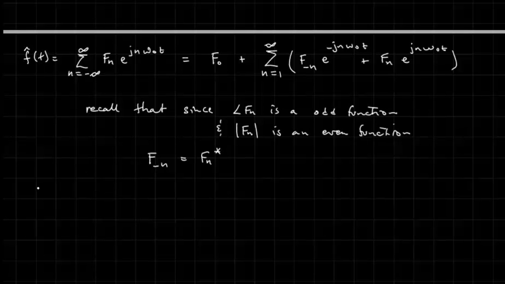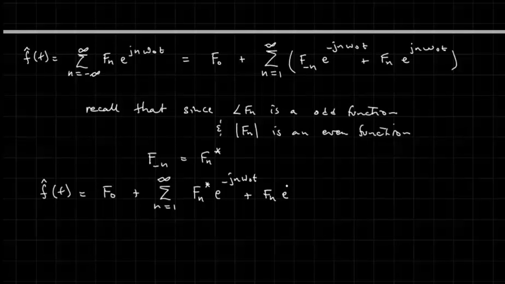So we can use that in our summation above. We will have the summation from n equal 1 to infinity, and here we will put f of n star e to the minus j n omega naught t plus f of n e to the plus j n omega naught t.